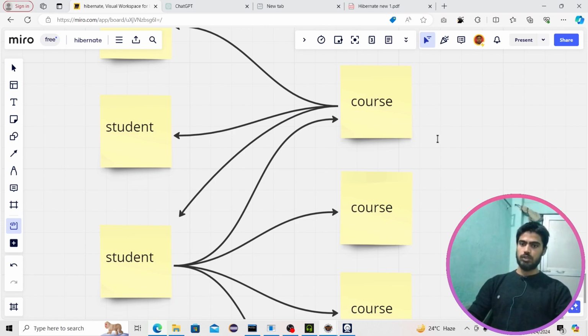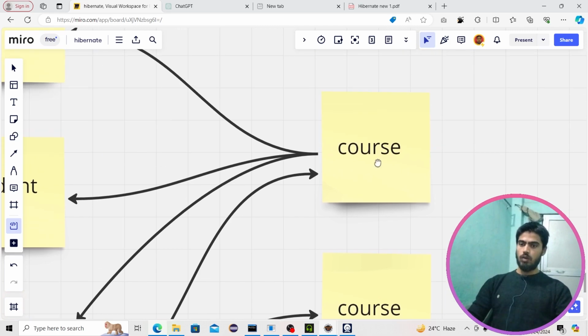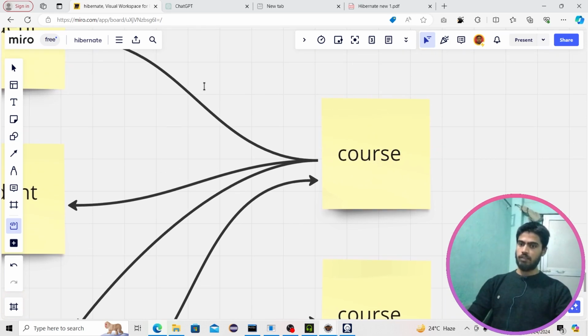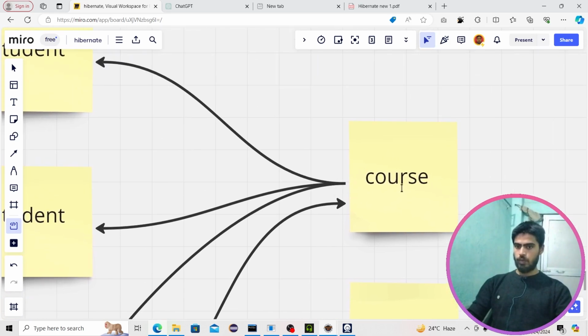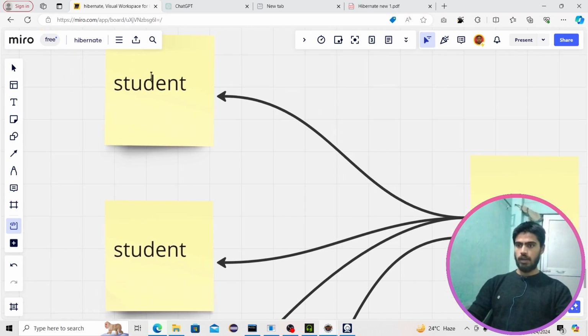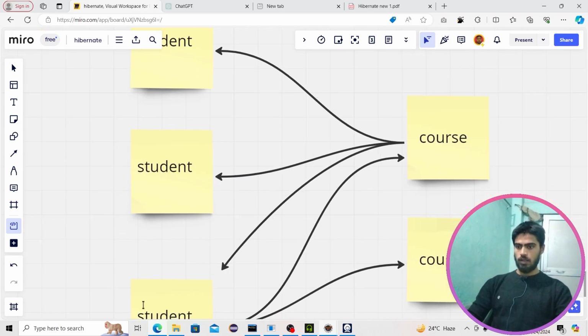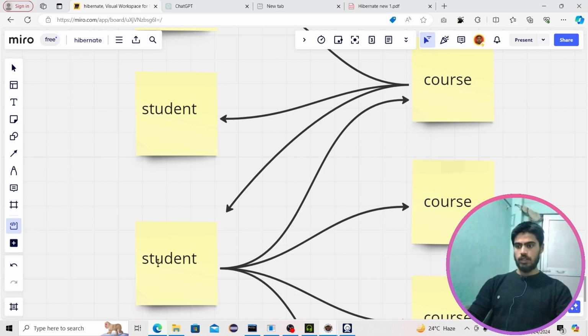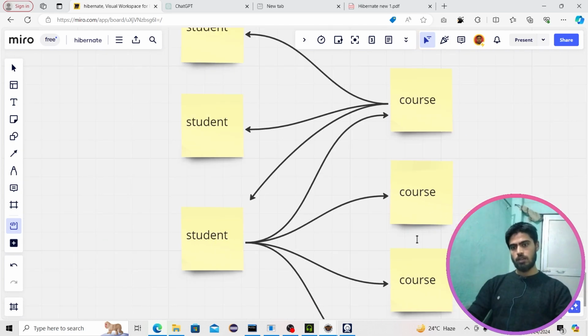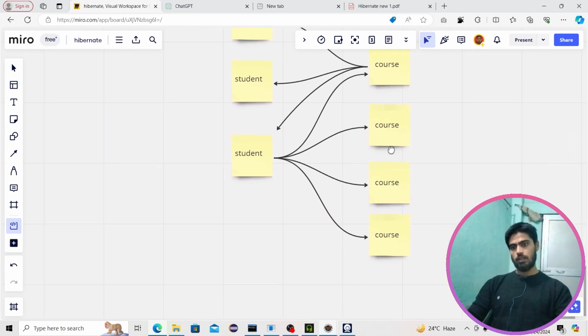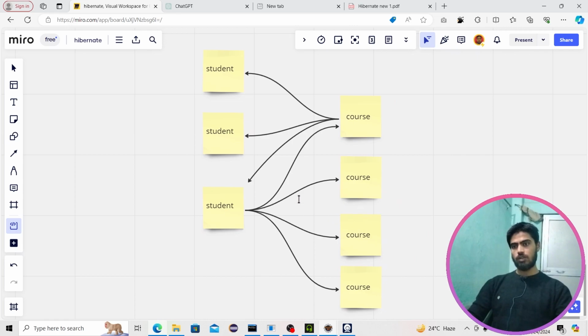And from the opposite side, one course can have multiple students. So these are the use cases or scenarios that we can see in our daily working life.